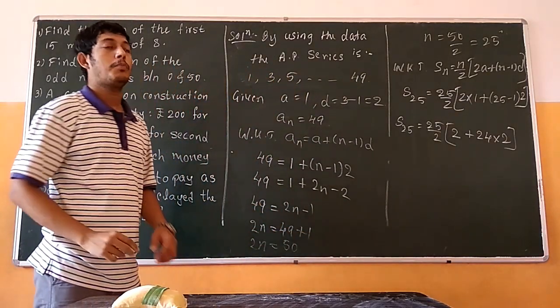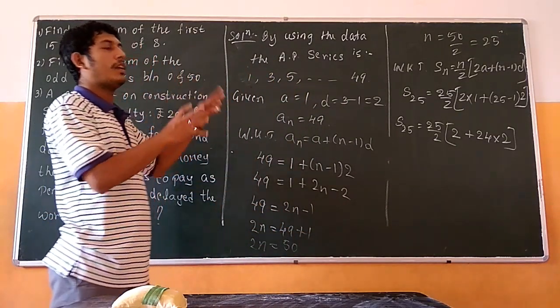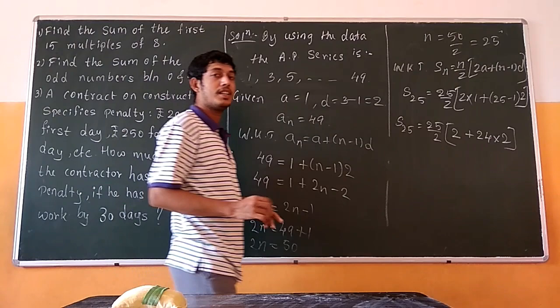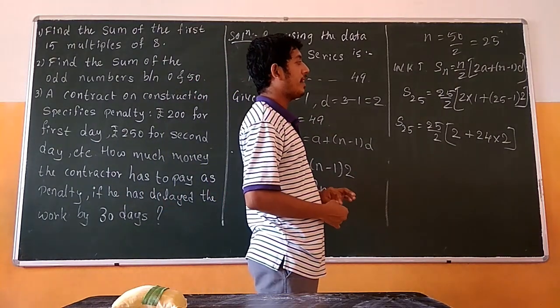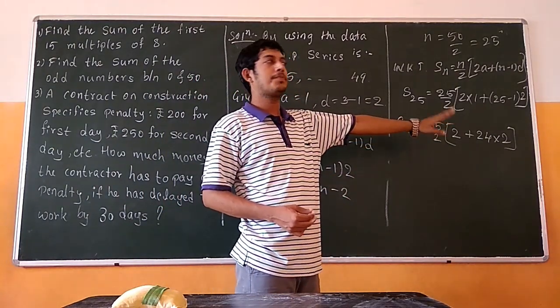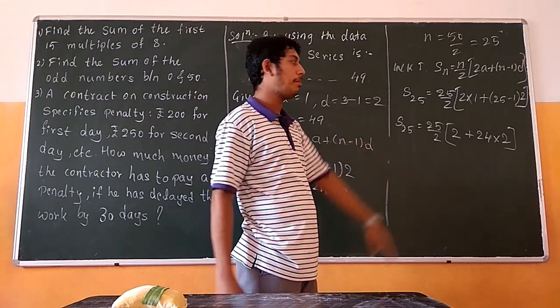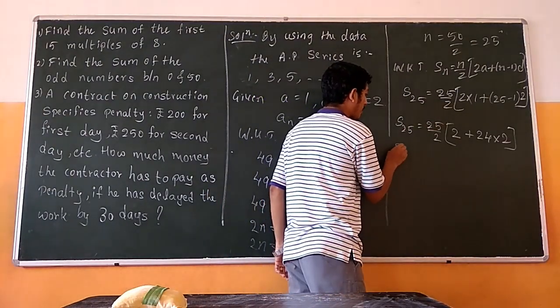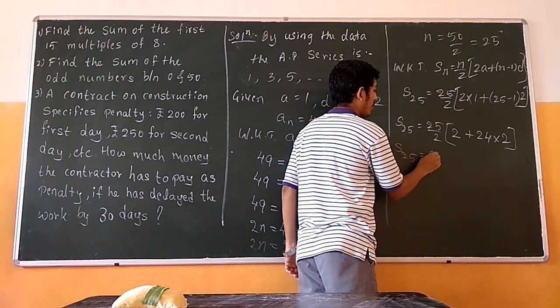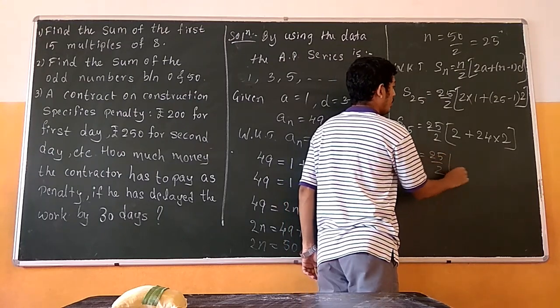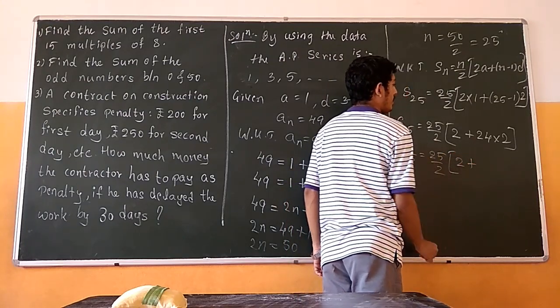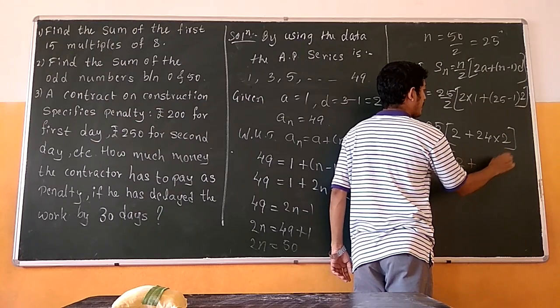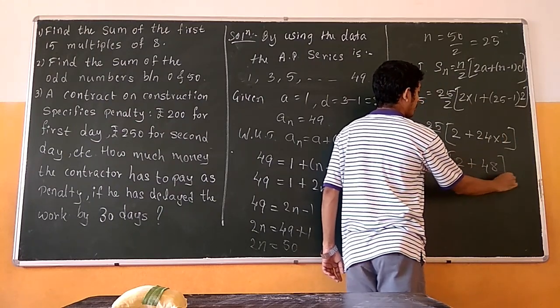Again we have to follow the BODMAS method. First we do the calculation of the terms inside the bracket, and in that first the multiplication, then the addition. So S25 equals 25 by 2, 2 plus 2 4s are 8, 2 2s are 4.